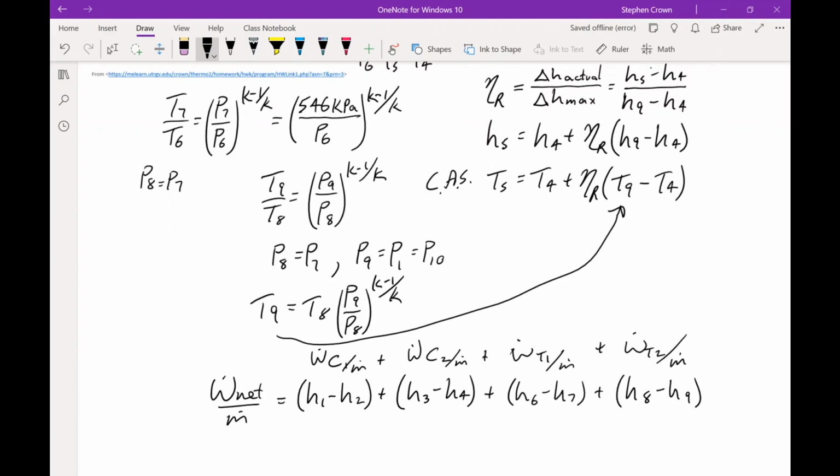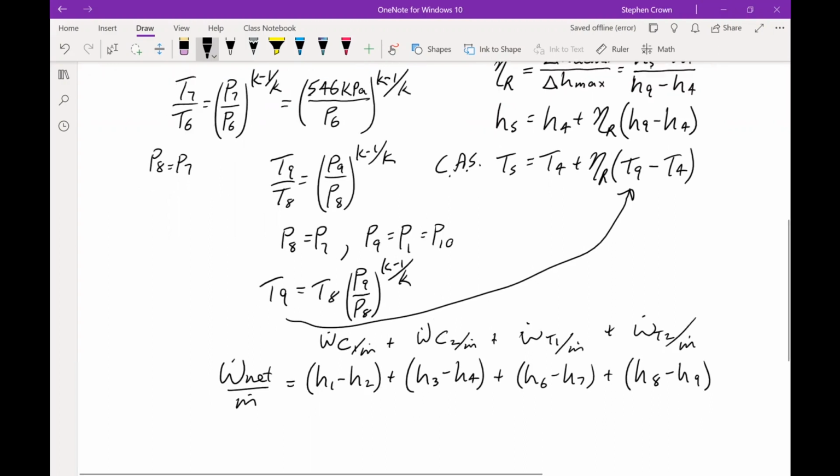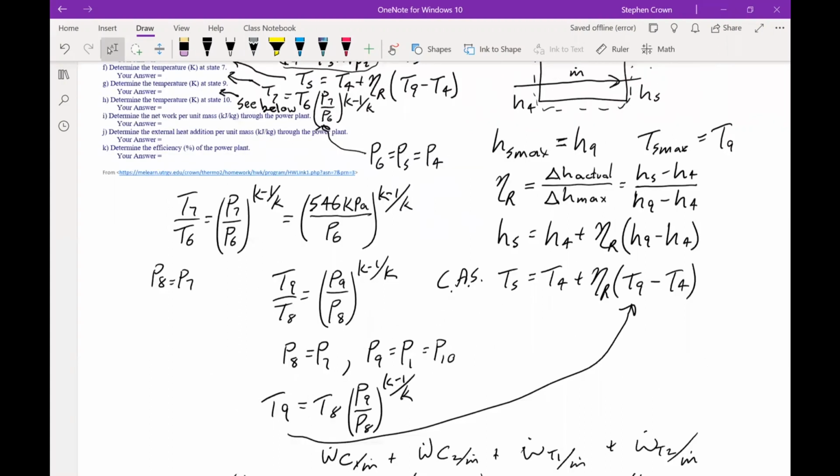And then calculate the external heat addition per unit mass. So we have two places for external heat addition, the Qn from 5 to 6 and the Qn from 7 to 8.